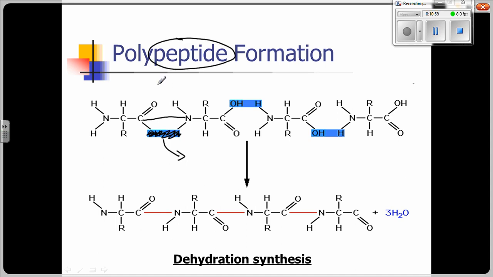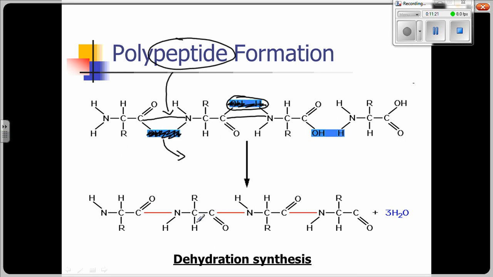A peptide bond is what you see here between the carbon and the nitrogen, and that will form between every amino acid in the chain, creating multiple peptides. So the name polypeptide actually talks about how there are multiple peptide bonds between amino acids.